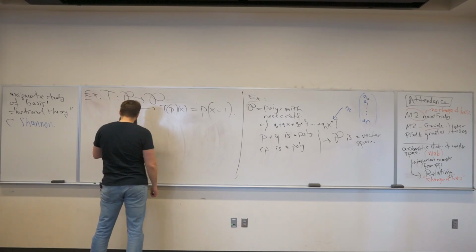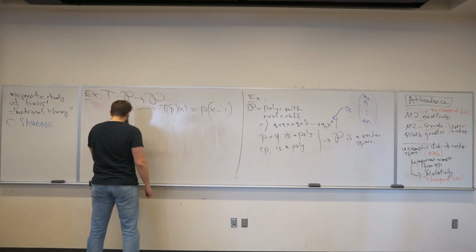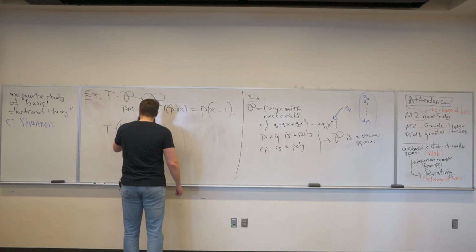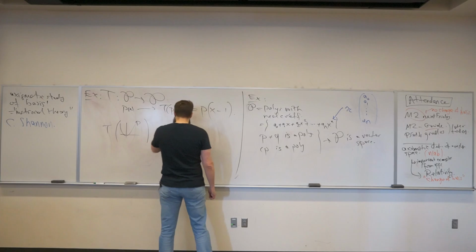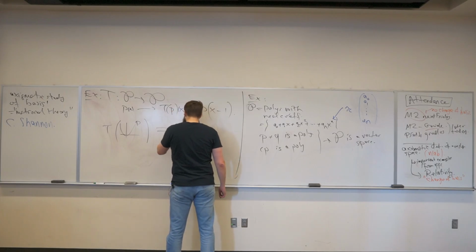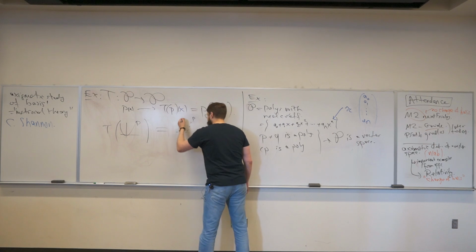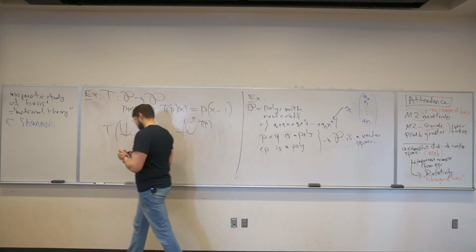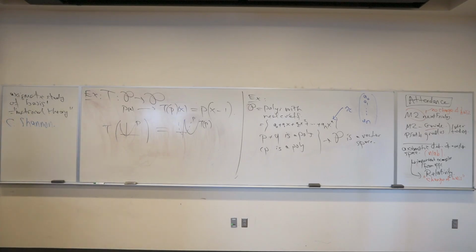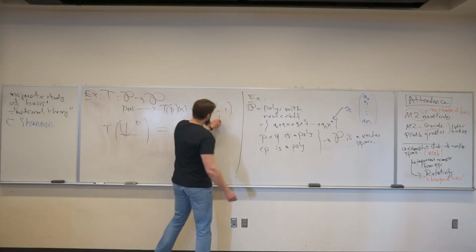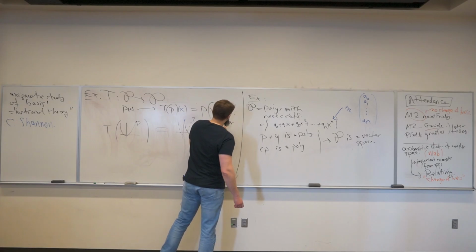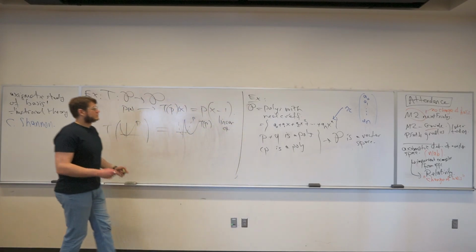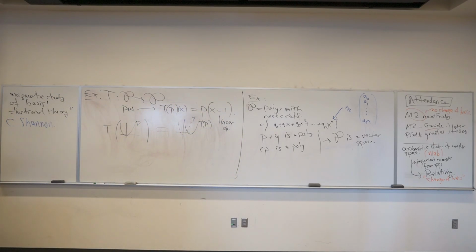T of this, let's say this is P. This was P, so now something like this is T of P. This is a linear transformation, a linear operator. It's a graph transform.